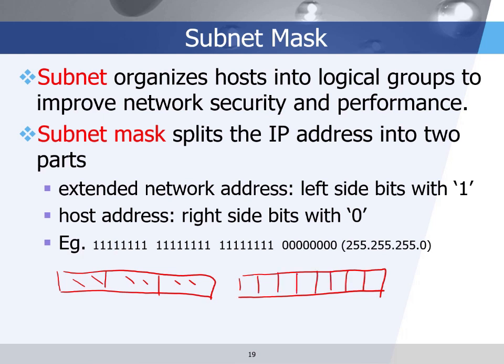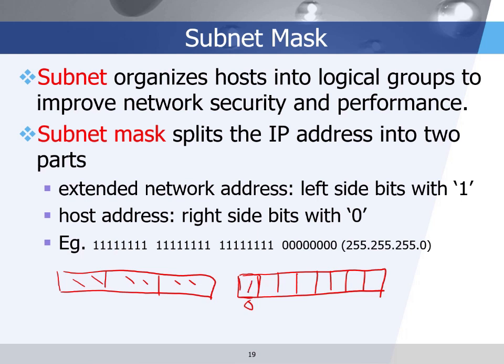And what if we want to split the machines into 2 groups? Each of the small groups can be seen as a subnet. So we could use 1 bit to distinguish the 2 groups. So now we use 1 bit here to represent the 2 different groups. So if it's 0, that means the first group.